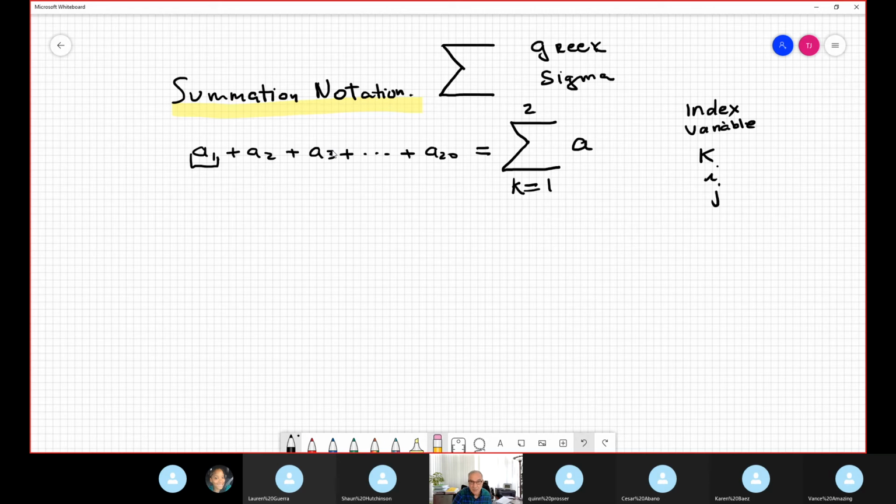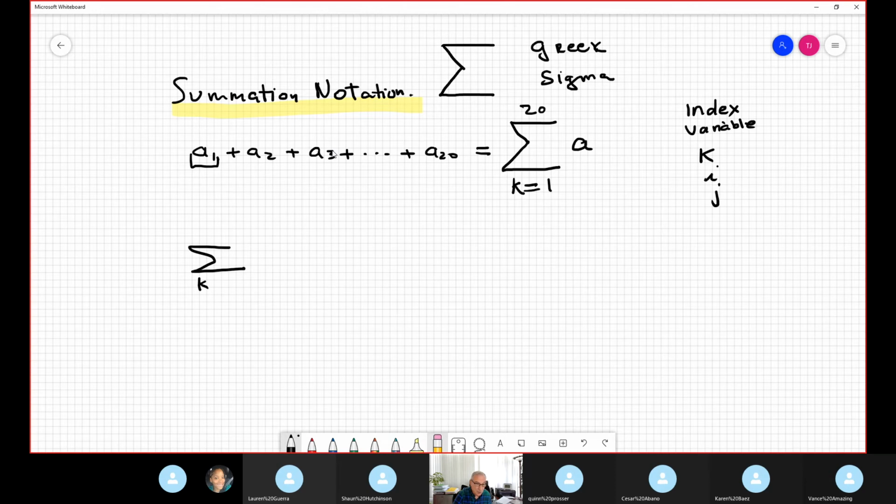Don't put it at the top like k equals 20, it's weird to see that. You put just 20 at the top and that's it. And you expand or condense it depending on the intention, from 1 to 20. Okay? For example, the first example, you expand this summation notation.